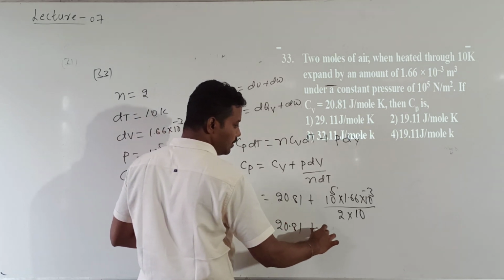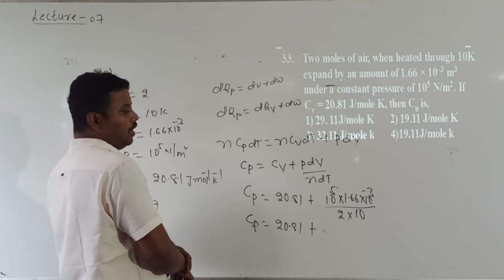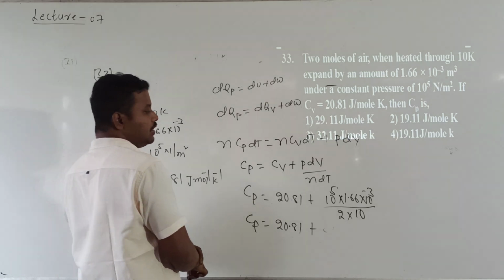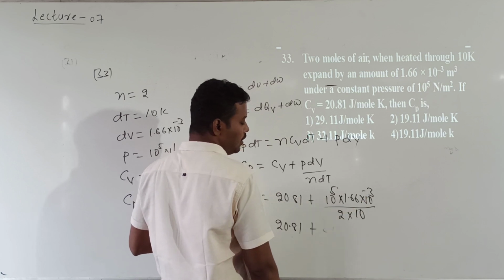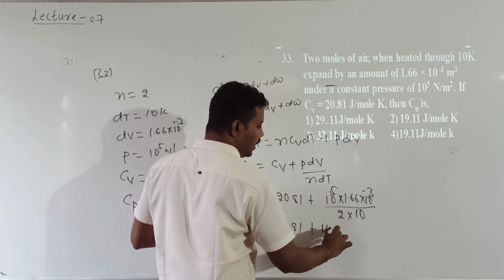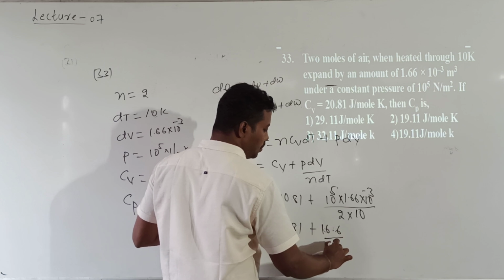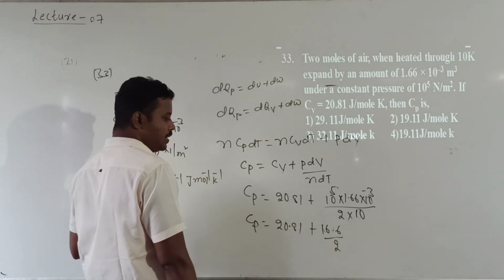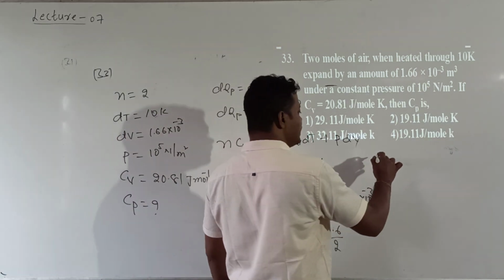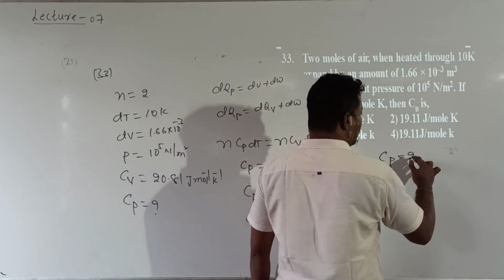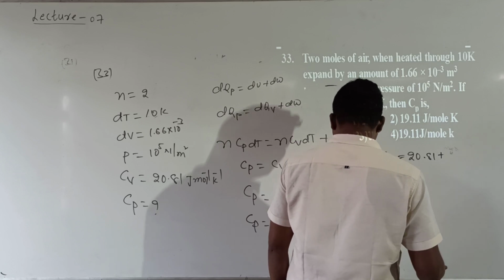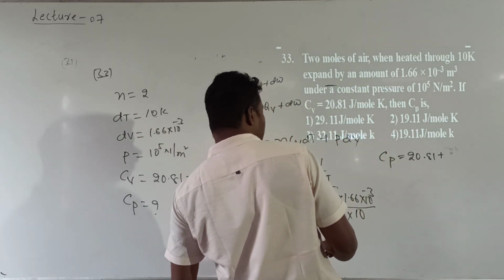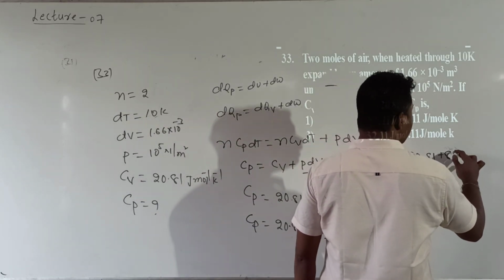20.81 plus 1.66, otherwise I will write 166, this 10 will go to the numerator. So what I will get is 16.6 by 2. So what I will get as the answer for Cp? That is 20.81 plus 16.6 by 2, that is 8.3.